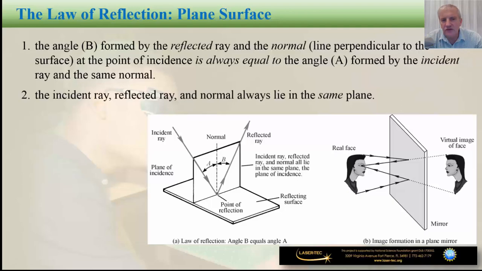That's the so-called point of reflection. Now, the light is going to get reflected along a specific direction that's represented here by the reflected light ray. The question is, what is that direction? How can we determine the direction of the reflected light ray? The law of reflection comes into play here.